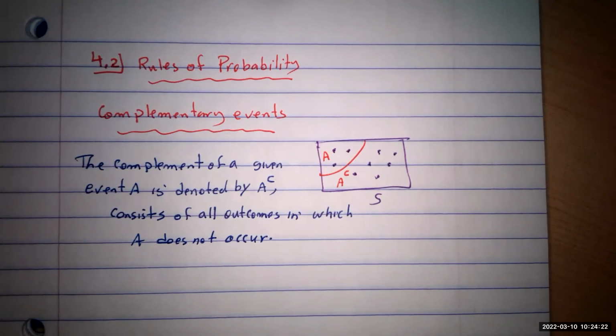Everything in the sample space, but not in A. We call it A complement.